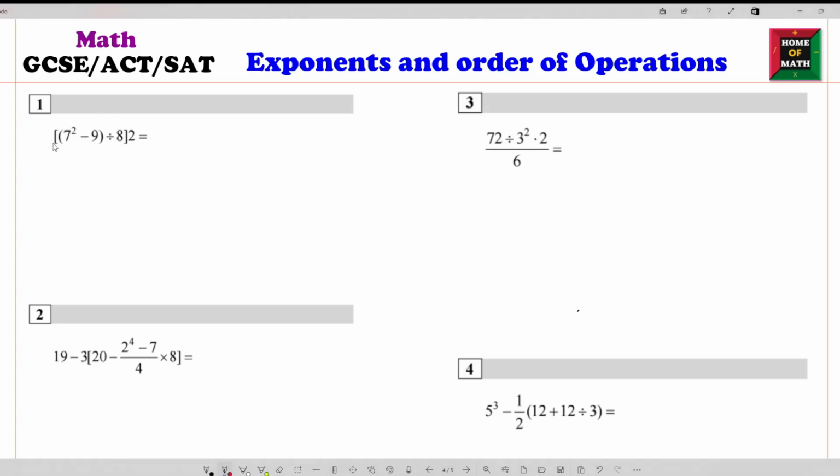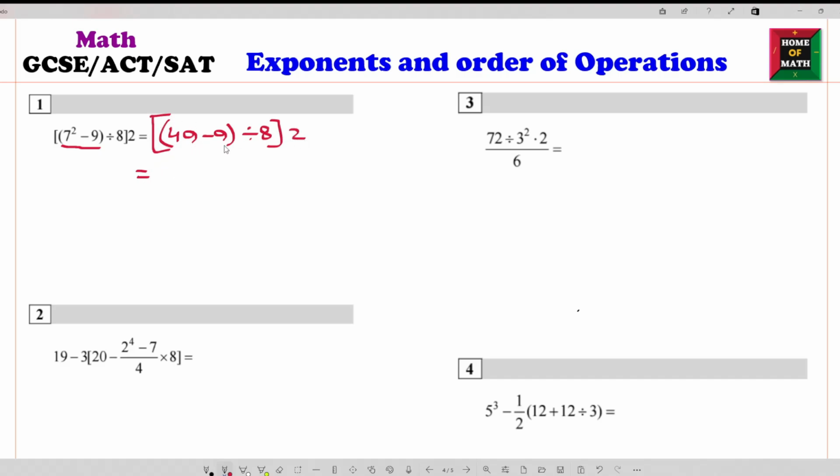Number 1. Here, inside the first bracket, 7 square minus 9, bracket close, divide 8, times 2. So first, 7 square means 49, minus 9, then close bracket, divide 8, then again bracket times 2.